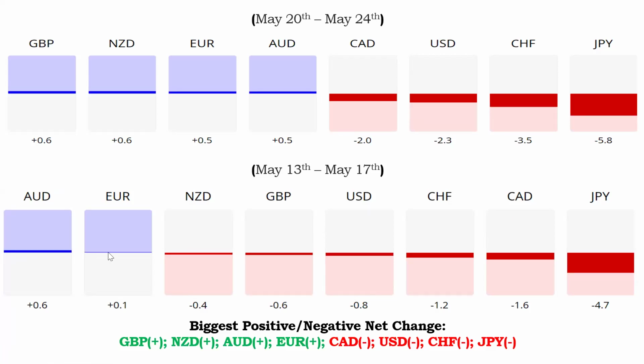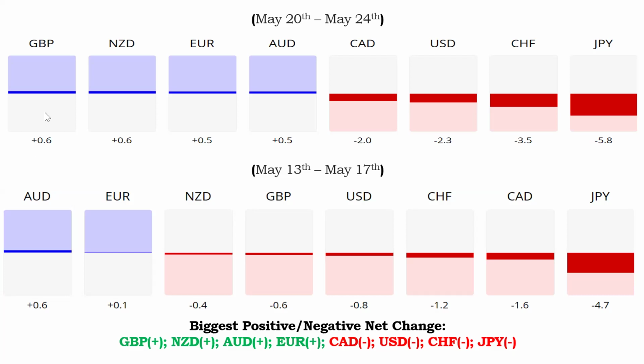From last week, we have the Australian dollar still retaining some strength on the positive side. We have the Euro also gaining some strength, from positive 0.1 now to 0.5. NZD moving from the negative region to the positive region, to a score of 0.6, and we see GBP also moving from the negative region to being the strongest into the week.